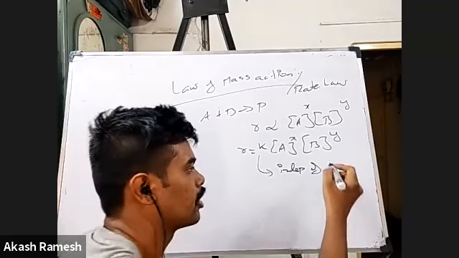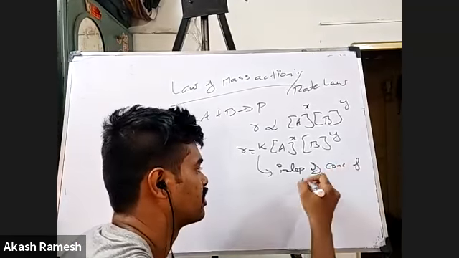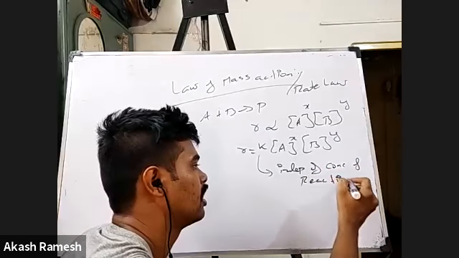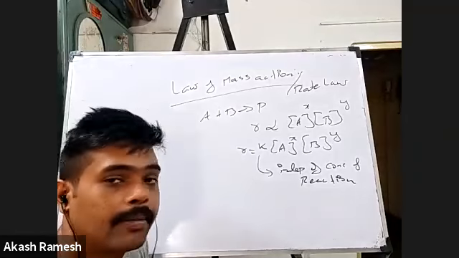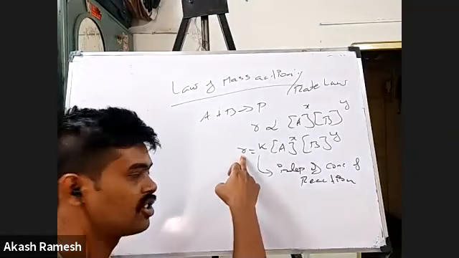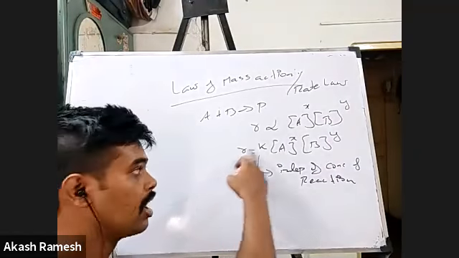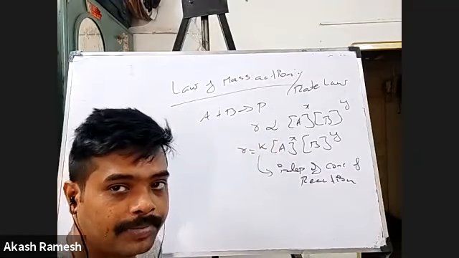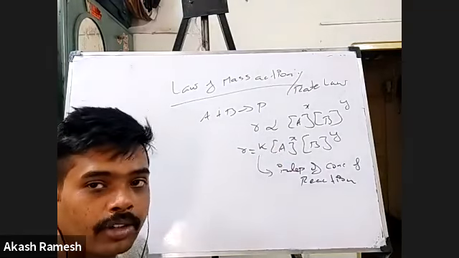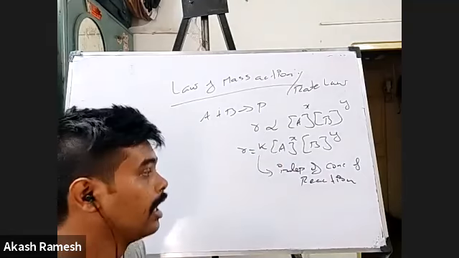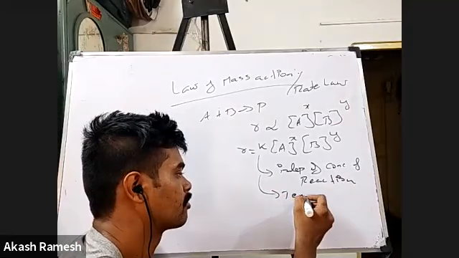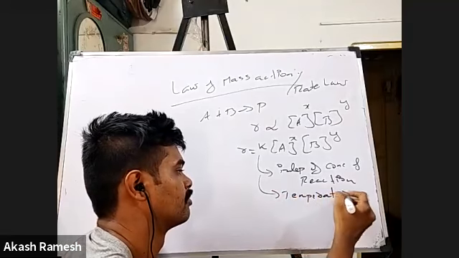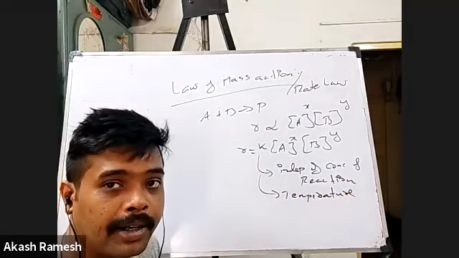If I change the values of A and B, the rate R will change definitely, the rate of the reaction will change, but the rate constant will not change. It is not going to depend upon the concentration of the reactant. But what is it dependent on? It is definitely dependent on temperature.